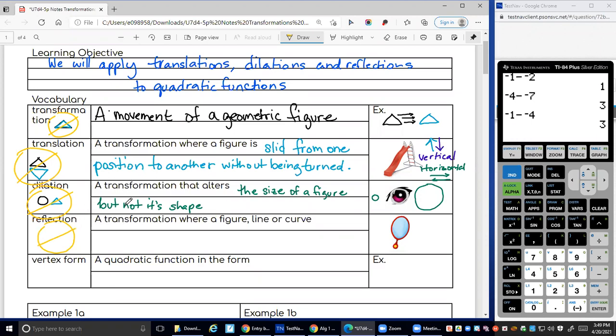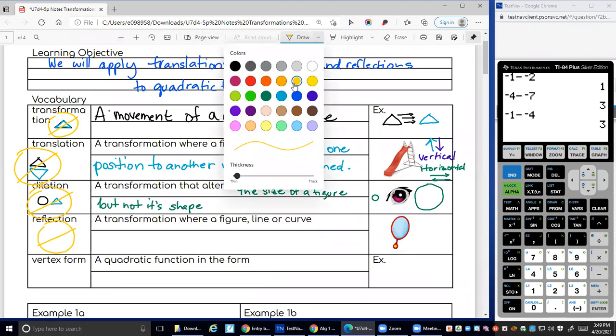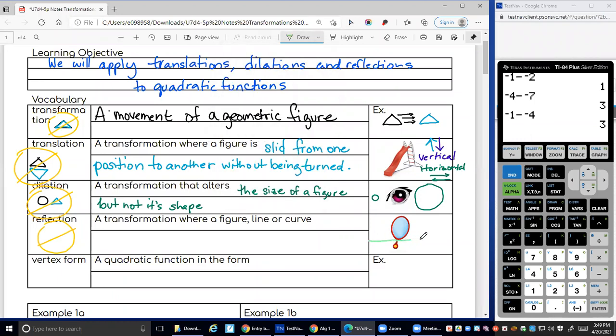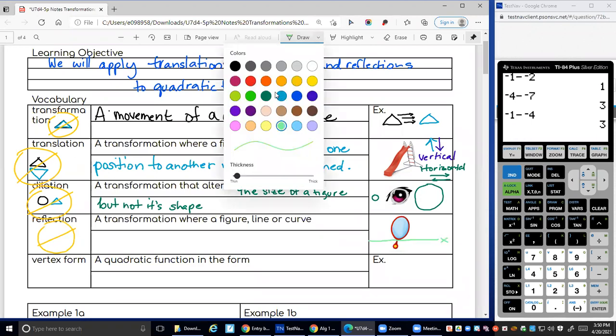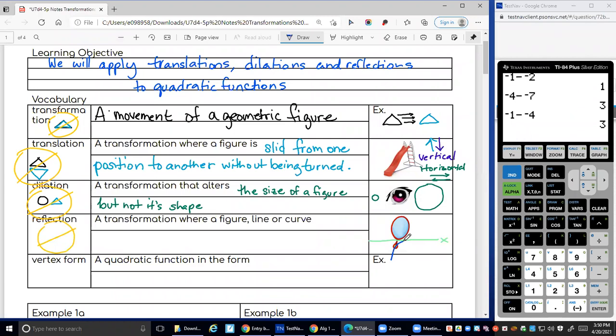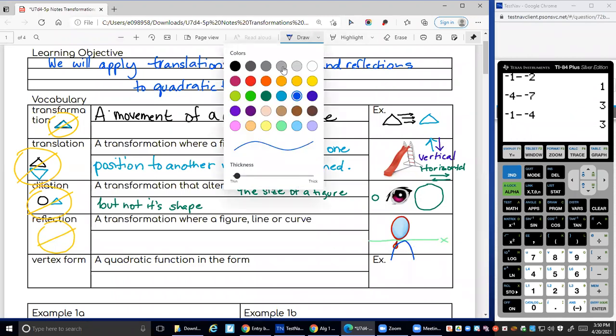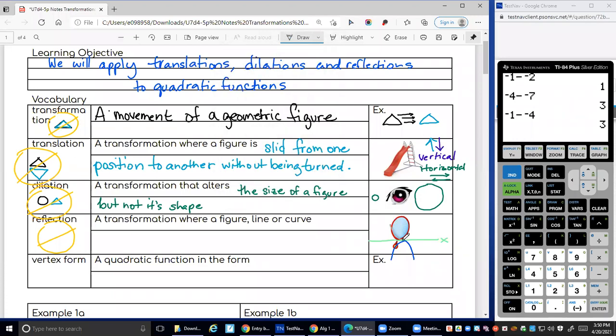So reflection. Okay. Somebody told me this was a balloon. This is actually supposed to be a mirror. Okay. And if I had my X and Y coordinate, I'm going to put my X axis right here. And let's say that I had a parabola, touched like that. And it was reflecting in the mirror. It would kind of look like this, right?